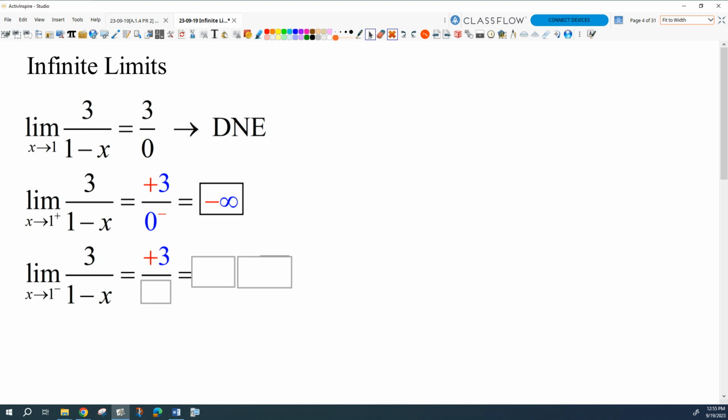Okay, what about the bottom one? Limit of the same function as x approaches 1 from the left. So now a value slightly less than 1. Again, I just get 3 on the top. What do I get on the bottom this time? 0 plus. Okay, good. So we know it's infinite because I get a 0 on the bottom but not the top. What's the sign this time? Positive.